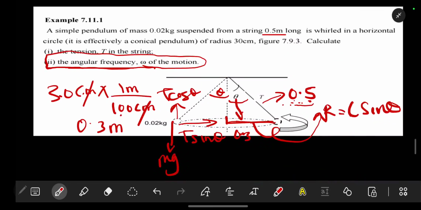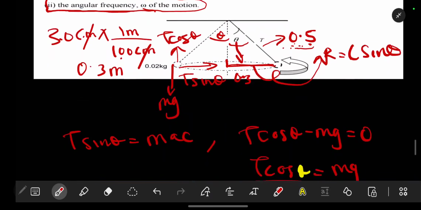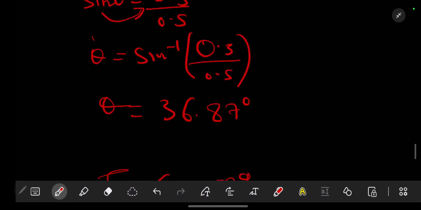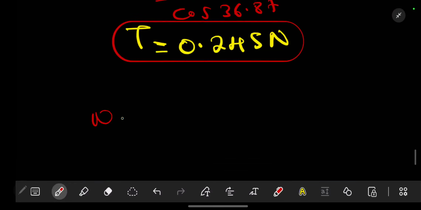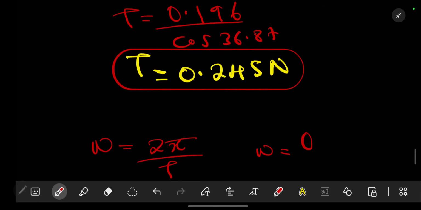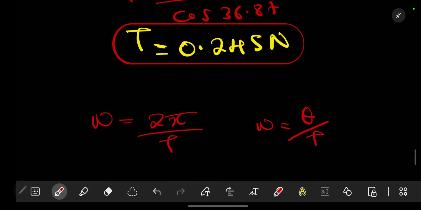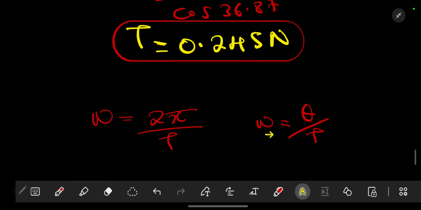So the angular frequency will be given by this formula: the angular frequency is equal to 2 pi over the period. Remember that formula, which is theta over the period, because that's how we find the speed. So this is our formula.